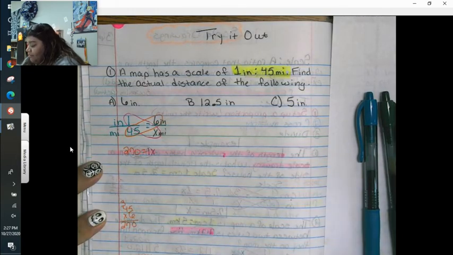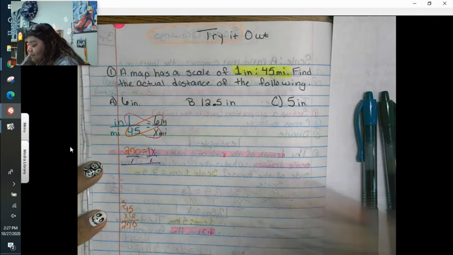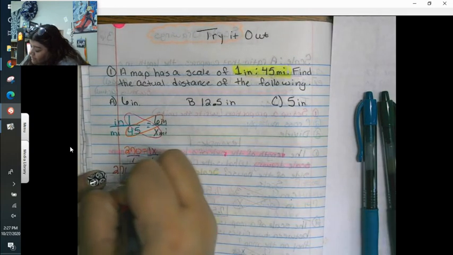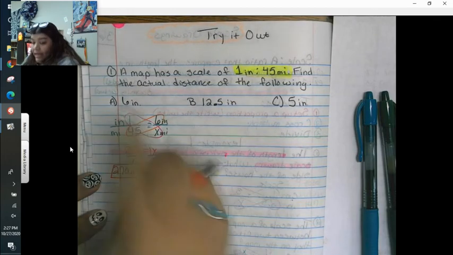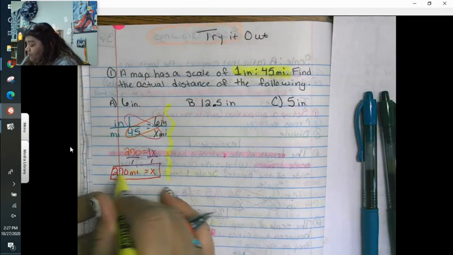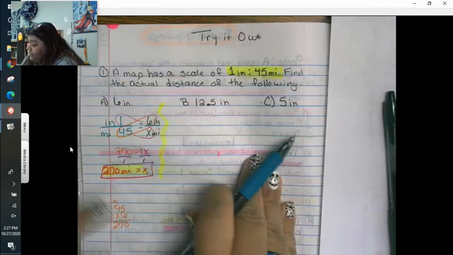You don't even have to divide because anything divided by 1 gives you the exact same answer. So we have 270 miles for letter A. So if you got that, give yourself a pat on the back. Good job. Okay. Let's see how you did on the next one.